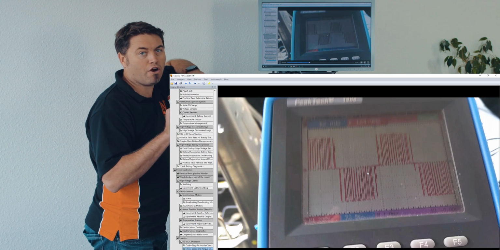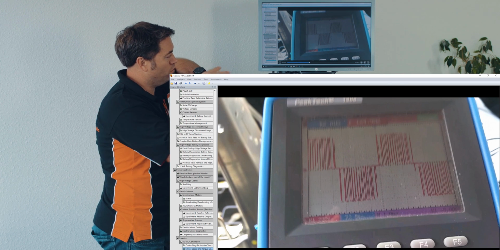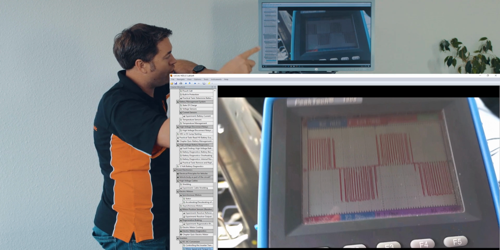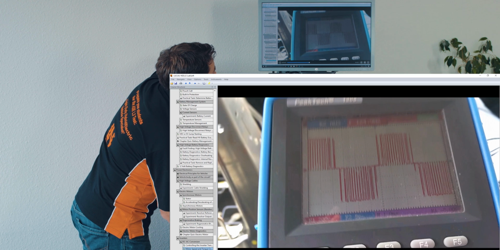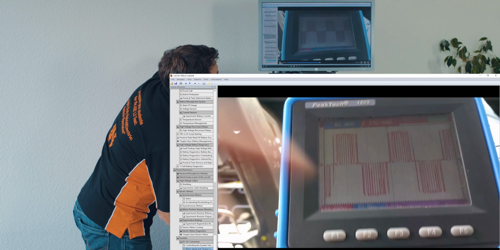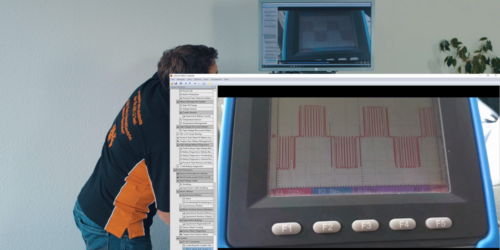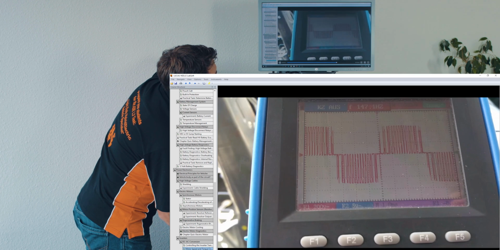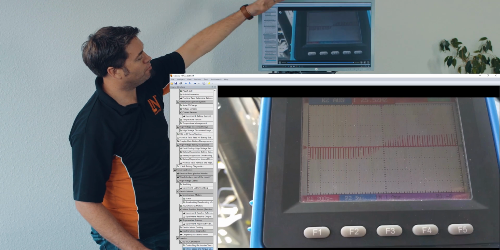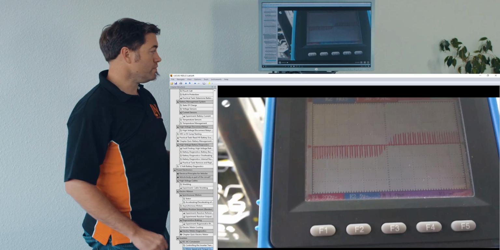So if we were to measure the current on the oscilloscope, we would be able to see the current. So measuring across the resistor, we would see the current flow going through there. And you can see that varies quite a lot, from 200 volts here up to 700 volts.